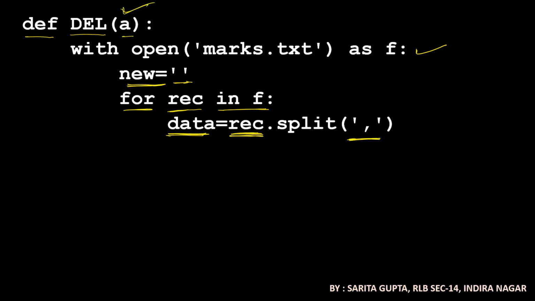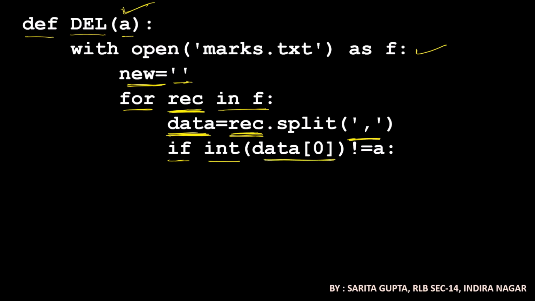Now, since the admission number has been returned as the first list item into the variable data and it has been returned as a string in rec, therefore making the condition as if int of data[0] not equal to a, not equal to a meaning that the admission number of the student record read from the file does not match with the admission number given by the user.